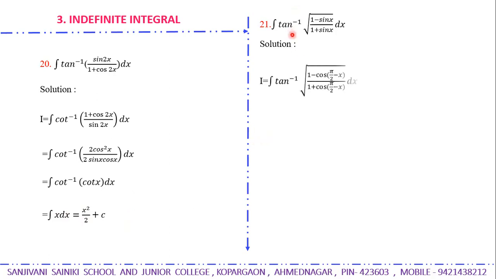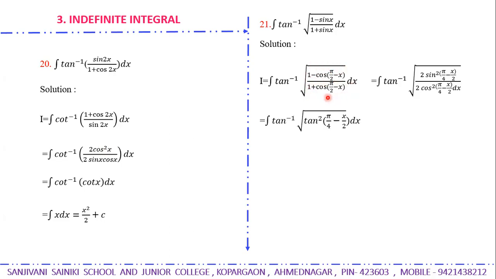The next example is tan inverse of root of 1 minus sin x upon 1 plus sin x. So here this sin x, I can write it as cos 90 minus x. So 1 minus cos 90 minus x upon 1 plus cos 90 minus x. But it is 2 sin square x by 2 and it is 2 cos square x by 2.